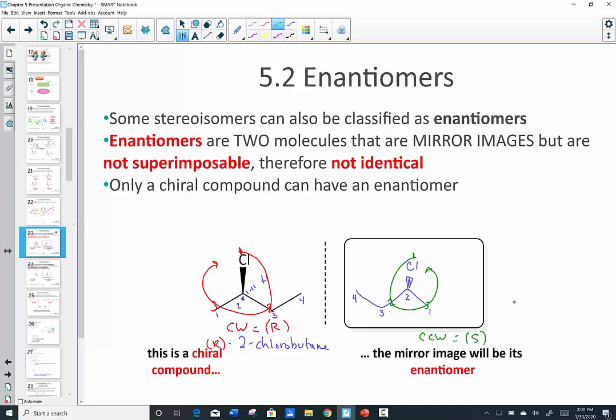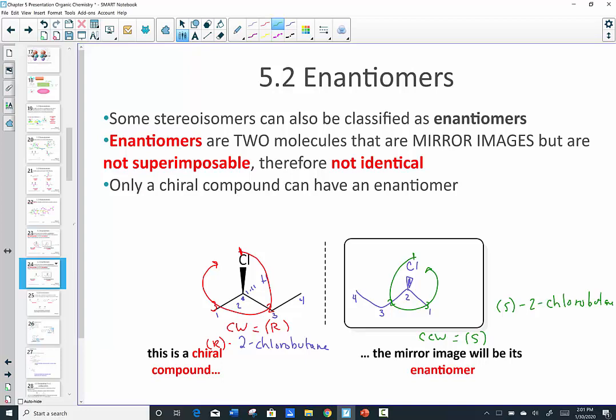So these are indeed 2 different molecules. They are enantiomers, non-superimposable mirror images. This would be known as the S configuration of 2-chlorobutane. And since every unique compound gets a unique name, the R and S will become part of the nomenclature around the chiral carbons.